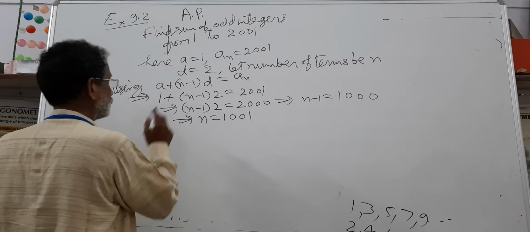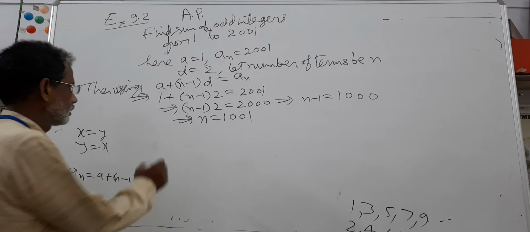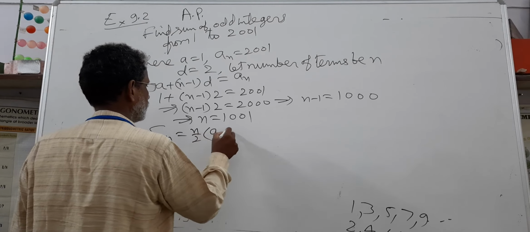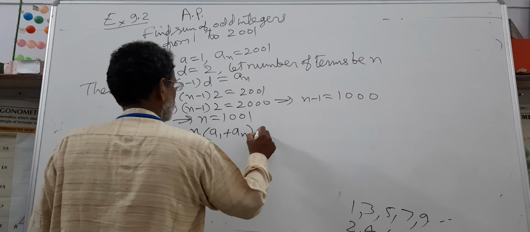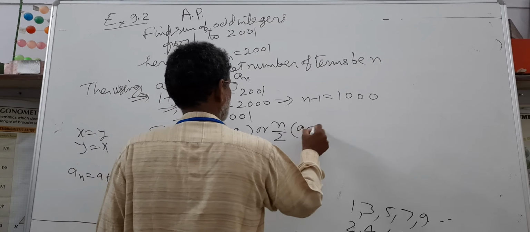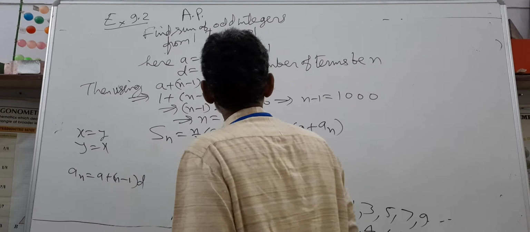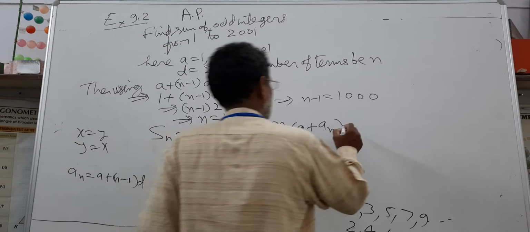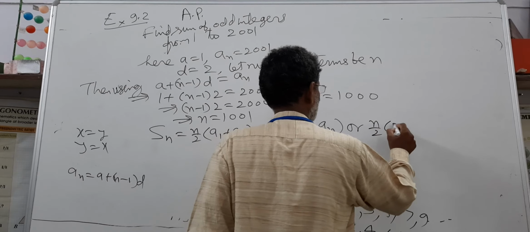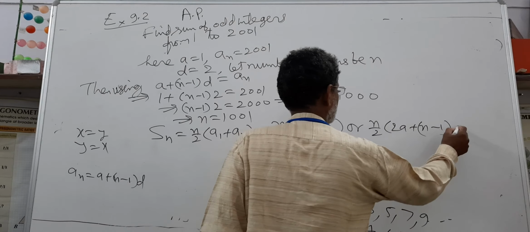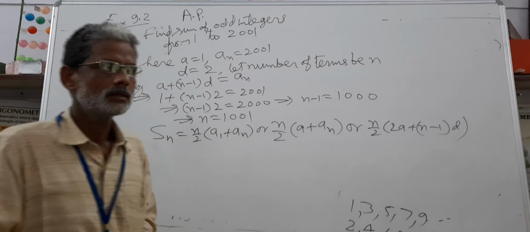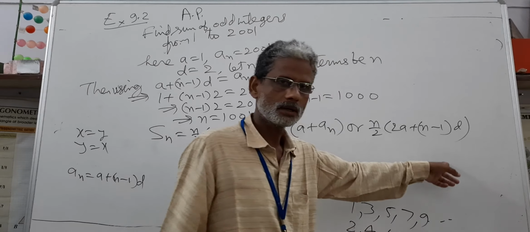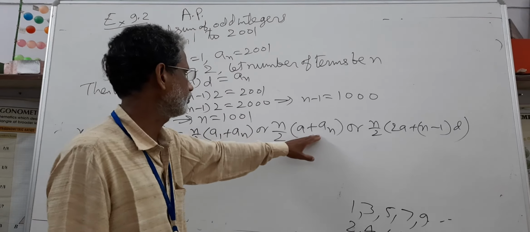Now you are required to find sum. Sn is equal to n by 2 into a1 plus an, or n by 2 into a plus an. Here a1 and an both are known, therefore use this formula, not n by 2 into 2a plus n minus 1 into d. If last term is not known, then use that formula. Here last term is known, therefore use this formula.